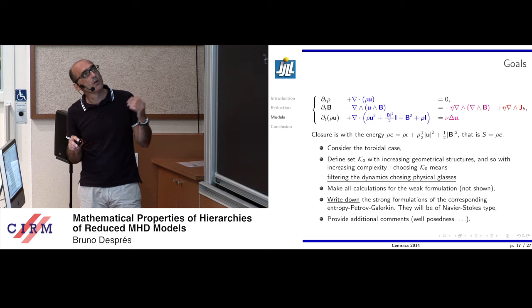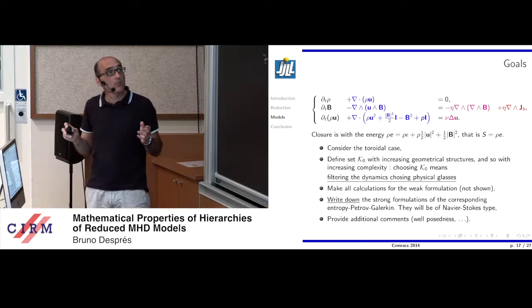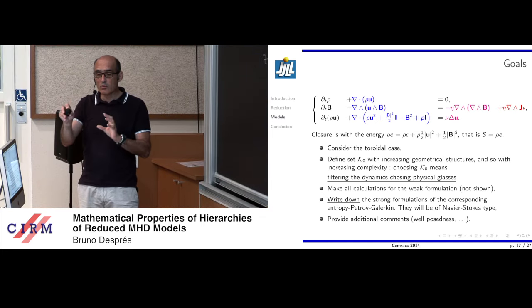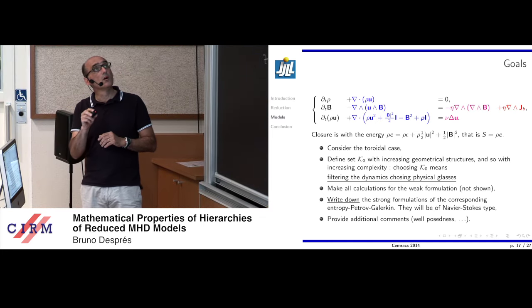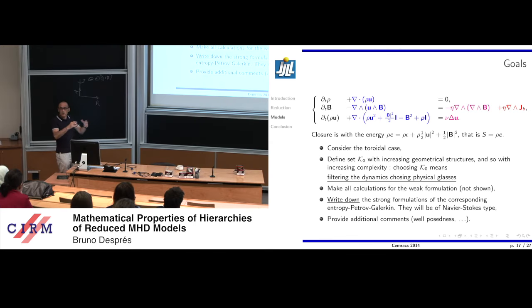I will consider the toroidal case. I will define K and K naught with increasing geometrical structure. Somehow, if I decide to use a certain set K, it seems to me that I decide to look at the dynamics of this model, but filtering out everything which is not in K.